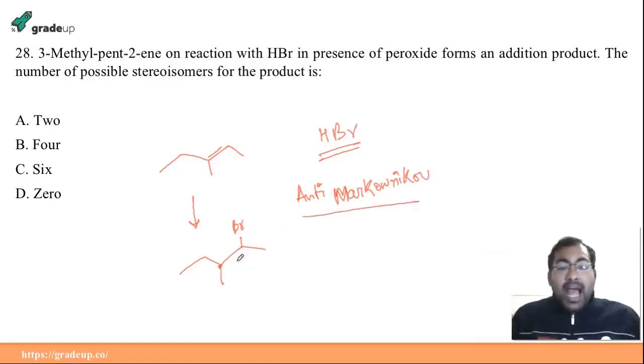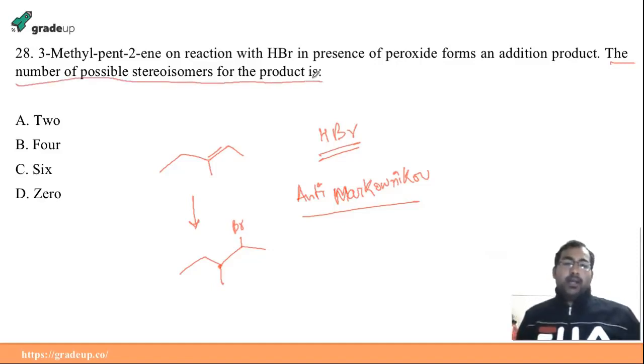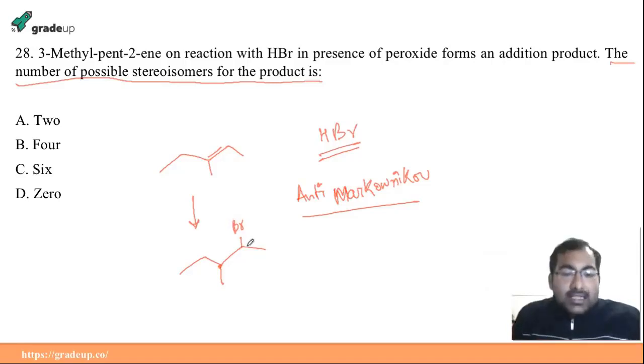And now, as this compound gets developed, how many possible stereoisomers are there for the product? As you see in this compound, there are two chiral carbons being developed. For this carbon, this group is different, this group is different, and this whole group is different.